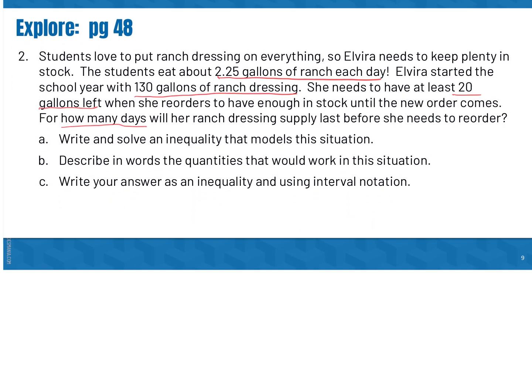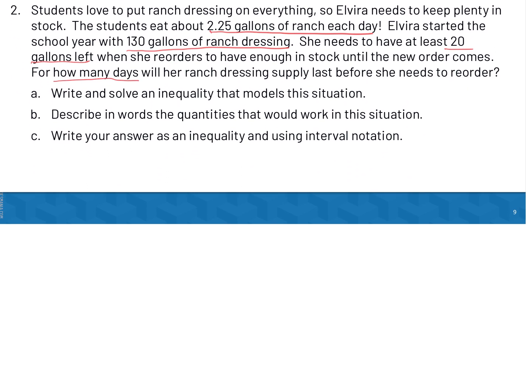All right, so I'm going to move this up so I have more room. For A, we need to define our variable. We're talking about ranch, so let's do R. R equals, oh, actually it's not ranch. What are we trying to find? Number of days. So let's do D is the number of days until she reorders.